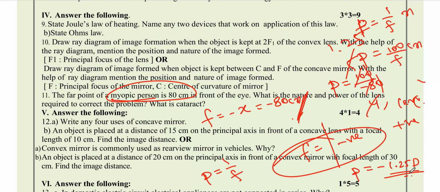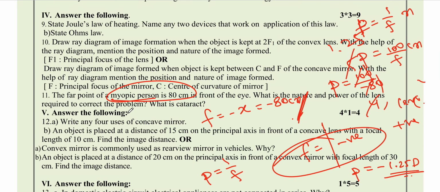Any doubts? Did you understand the calculation? P is equals to 100 by F. What is the value of F here? It is negative X, minus X. So it is minus 80 centimeter. Concept clear? Speak out. Good. Now, what is the next point? The nature and power of the lens required to correct the problem.